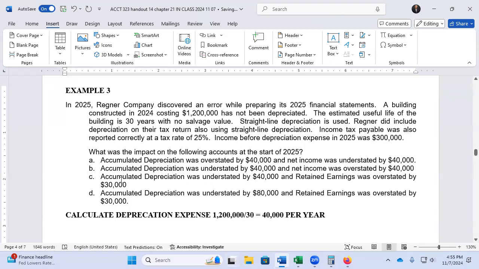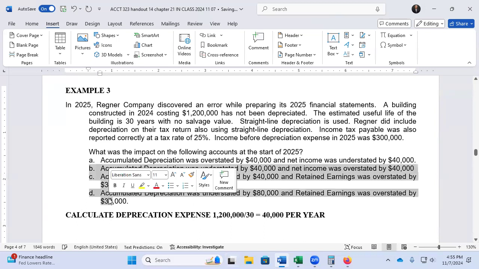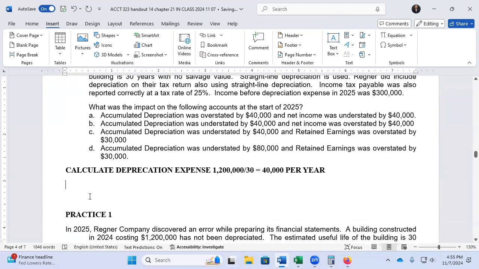So that tells us that it's either B, C, or D. And so we got to go and figure out the next part. And so retained earnings would be affected by 40,000 times 1 minus the tax rate, which is 0.25, which equals 30,000.